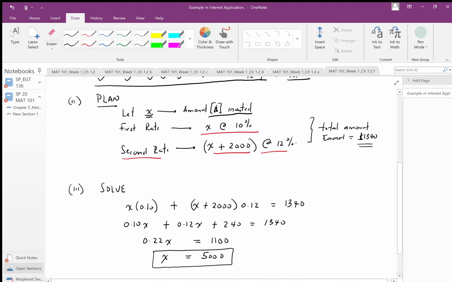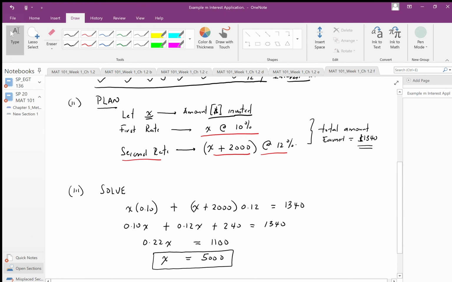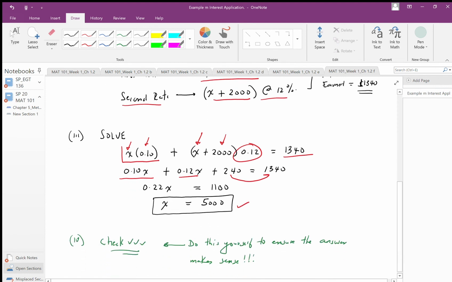So right now we can set up an algebraic equation: some unknown value of money at 10% plus some unknown value plus the total amount at 12% equals 1340. When you actually do the algebraic expression, again, you can combine like terms, and this 240 goes to the other side of the equation. Solve for x, and that gives you 5,000.